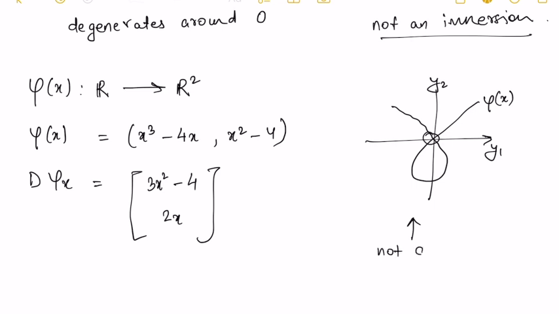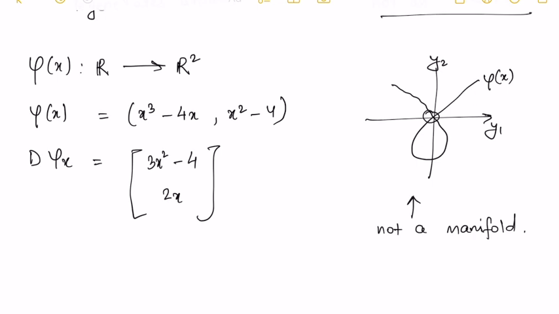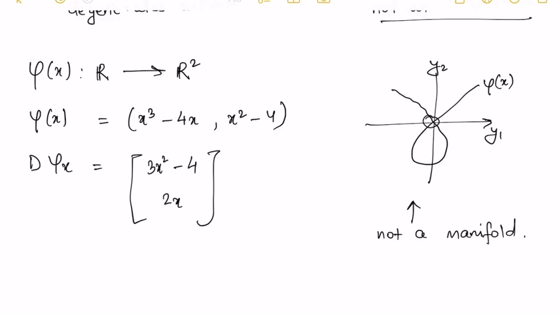So even though we have the other property satisfied, just because there is self-intersection and it's not really a properly defined manifold, this is not a case for immersion. All right, so that was immersion.